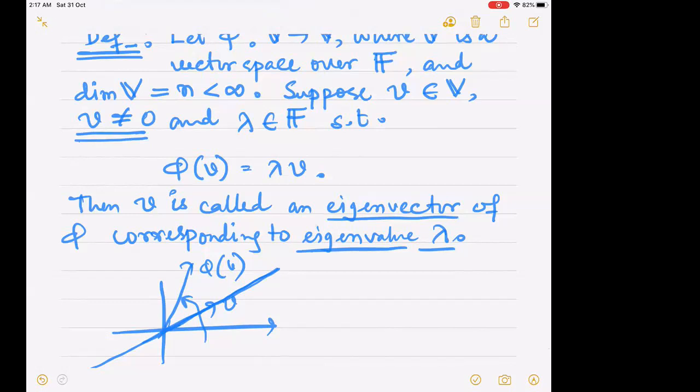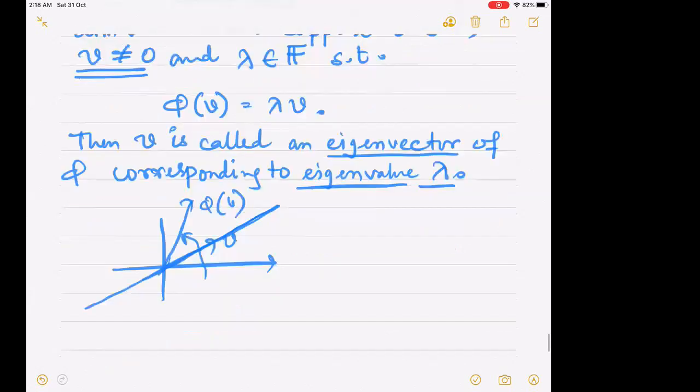If I want linear independence, then I should better have non-zero vectors, otherwise the question of linear independence is meaningless. So it is necessary to assume that v is non-zero. Whenever we say eigenvector, by default we have to assume that v is non-zero. Sometimes we may not specifically mention that it's a non-zero eigenvector, because the moment I say eigenvector, it's understood that it has to be non-zero. Is that all right? So this is an eigenvector.